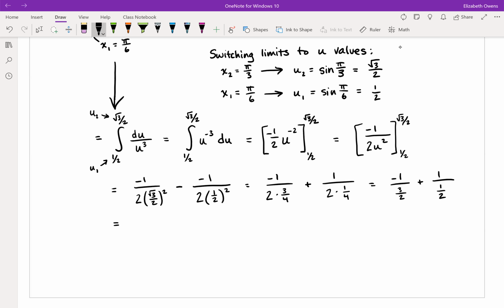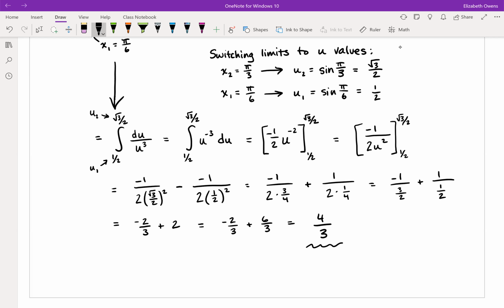Okay, looks like I am going to get negative 2/3 plus 2/1. Okay. And so, yeah, we'll need to get a common denominator there. And we'll end up with 4/3 for our final answer.